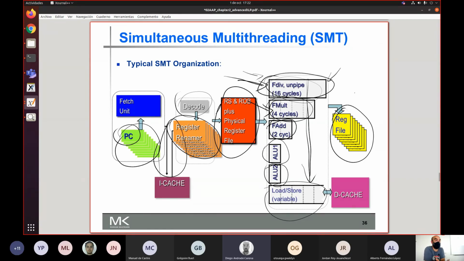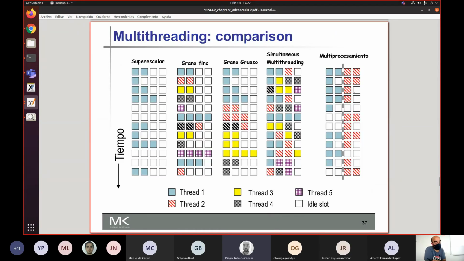Okay, so this figure is very similar to the one that I showed you 2 slides ago, but this summarizes the situation. This is time. These are resources, and in this case, we have just abstract resources. And these are different situations. In a superscalar processor, by definition, we should only have one thread running.